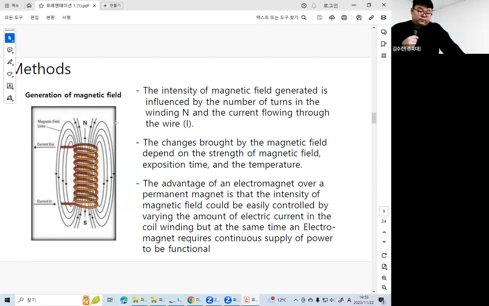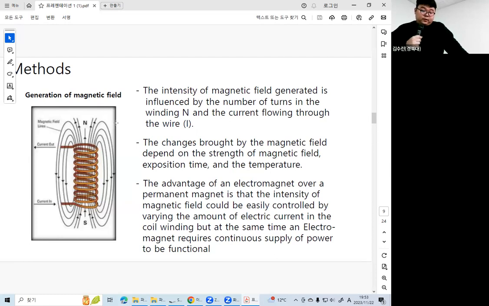The change brought by the magnetic field depends on the strength of the magnetic field, exposure time, and the temperature.